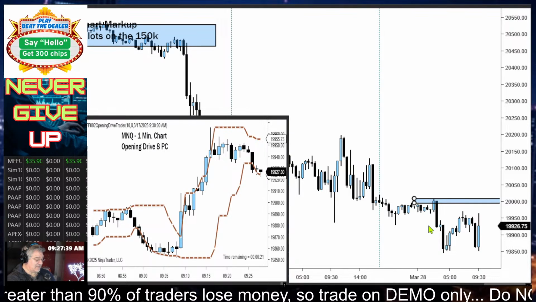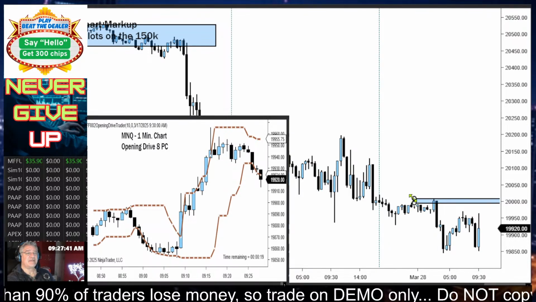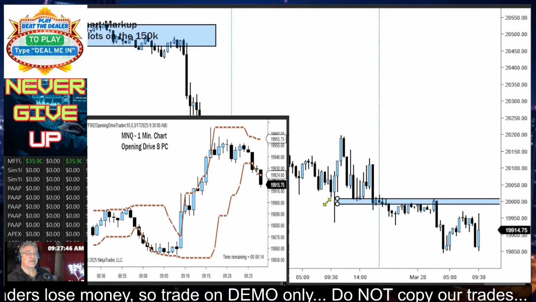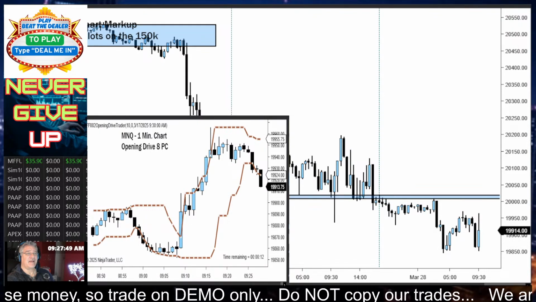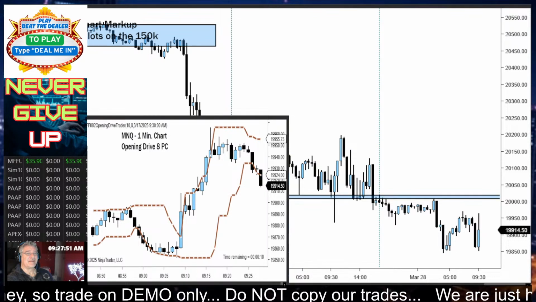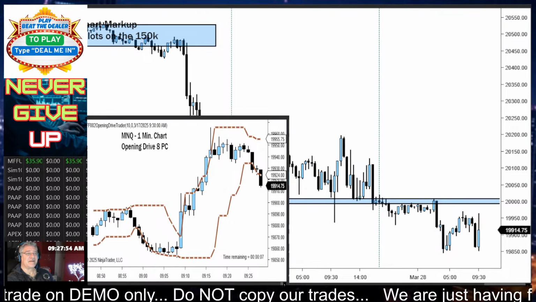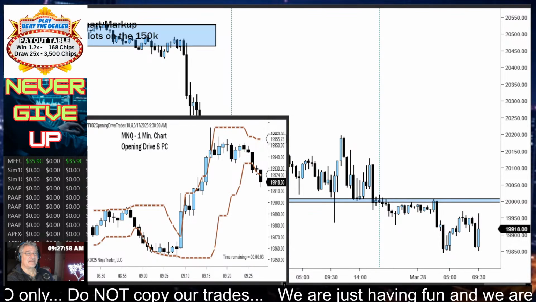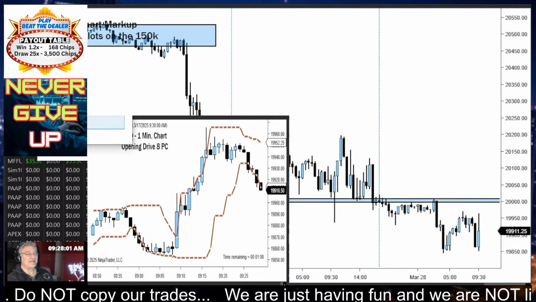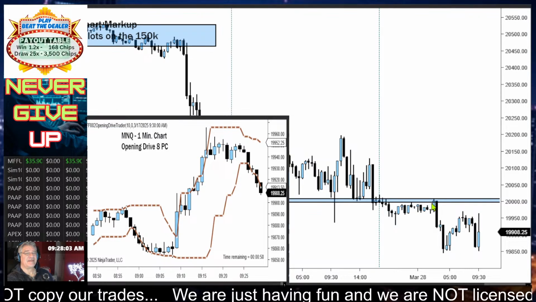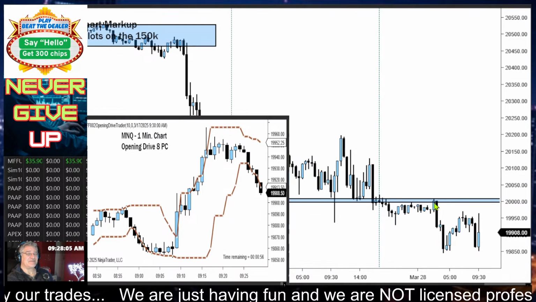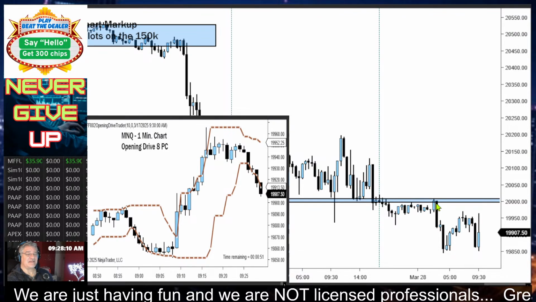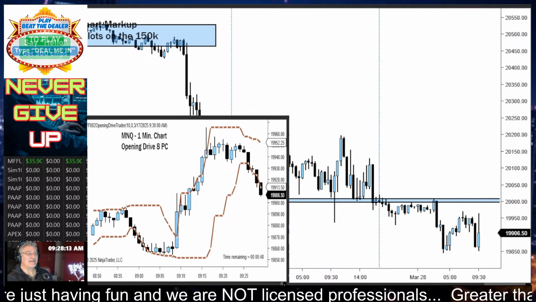I didn't even realize that, but that 20,000 level, which is the Asian highs, not only did it act as resistance over here and create the Asian highs and pretty much the London highs, it acted as a support yesterday.